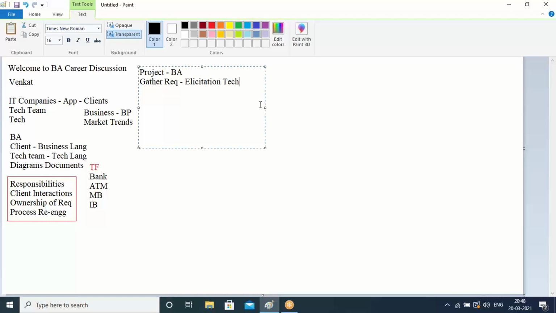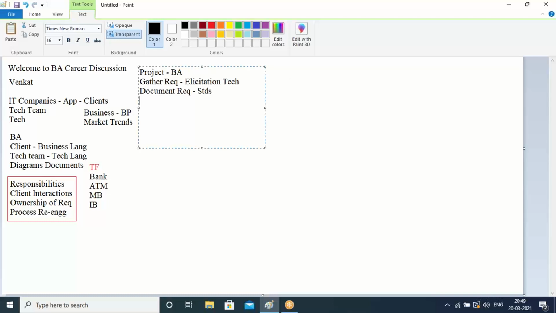And once we gather requirements from the clients, the next step is we are going to document them. In a Word document, we are going to write these requirements using some standards. Standards like IEEE, CMMI, like that, and company specific standards will be there. Generally, how it happens is when you join your company, the company will give you the template of the document, and using the template, you have to write your requirements.